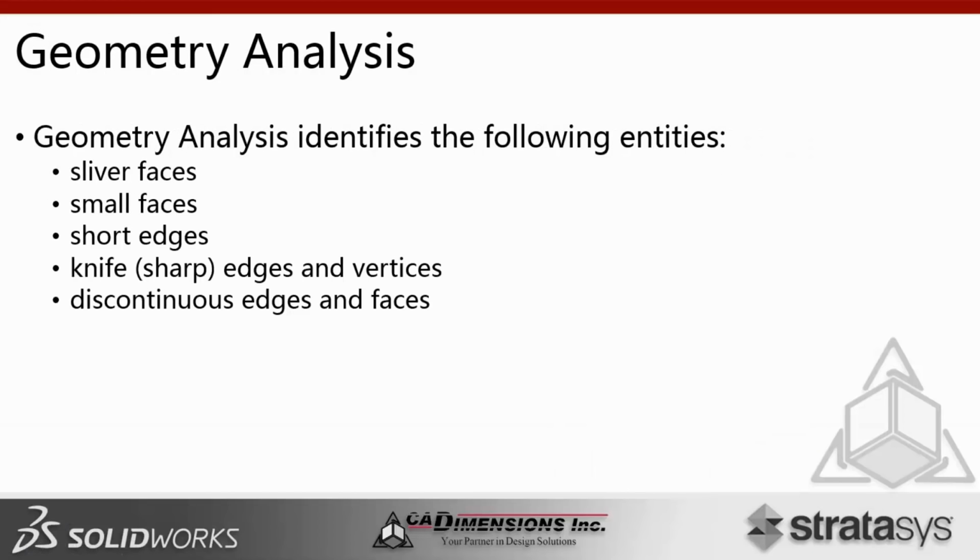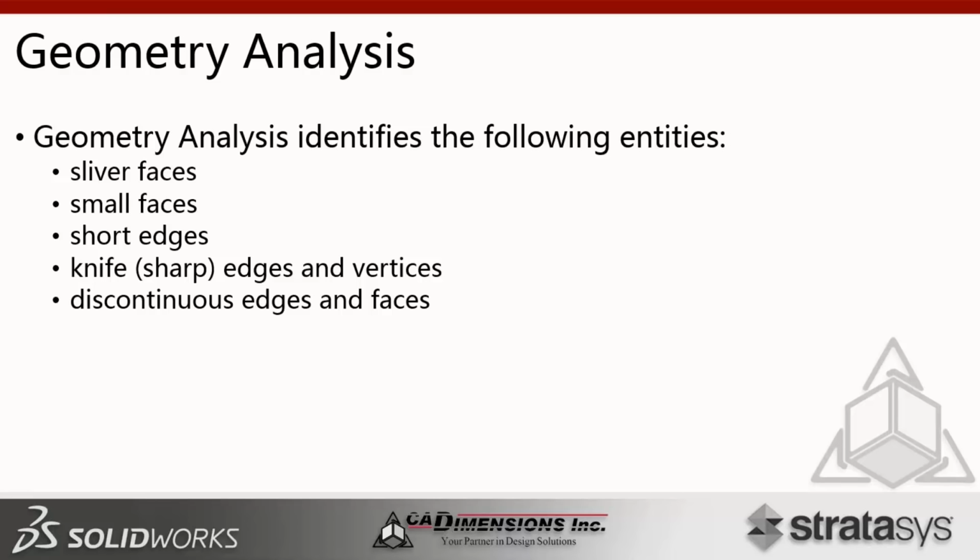Geometry analysis. Any of you doing an analysis with simulation or just in general wanting to make sure that they've built the highest quality model because it's going to be used downstream and other applications, other CAM applications, maybe to create mold tools. If we use this tool, we can ensure that we've done the best we can do with our modeling.